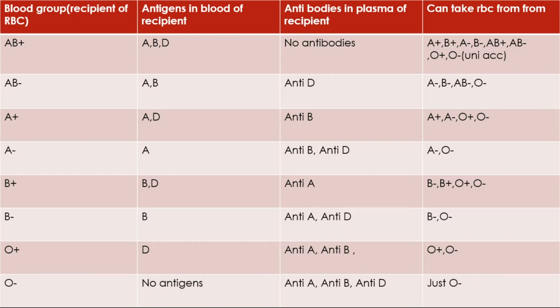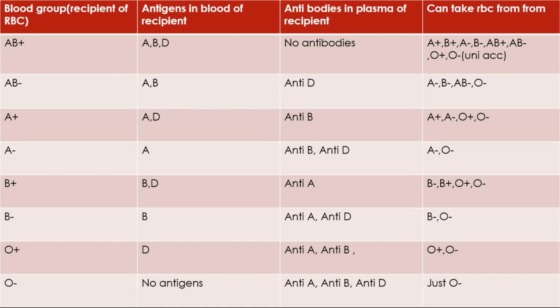The AB positive blood group is the universal acceptor of RBCs, not whole blood, not plasma. We will see when whole blood is taken, the scenarios are different, and when plasma is taken from the donor, the scenarios are different. AB positive blood group is just the universal acceptor of RBCs from any blood group.